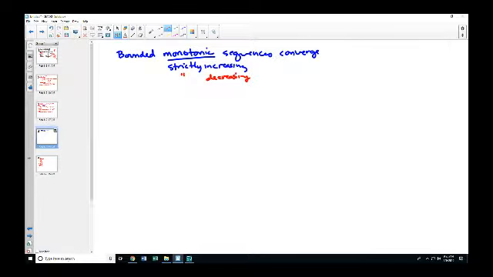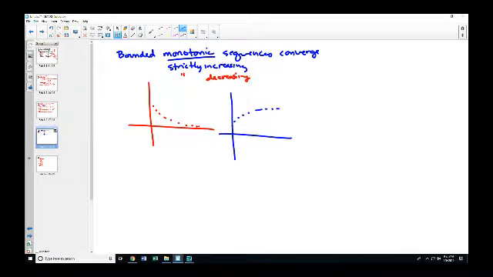So if you have a bounded sequence that's always increasing, does it converge? Yes. A bounded sequence that's always decreasing converges too. Wait, couldn't they also diverge?